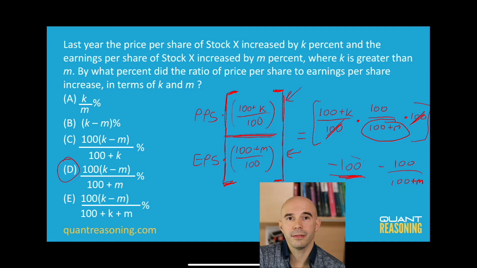They wanted to give an advantage to people who can play the movie forward in their heads and think, well, this is what I would do next, this is what I would do after that, and see that after all those steps, I'm still going to have a denominator of 100 plus m, and then they can pick out the right answer without actually having to do any of the work. What do you think?